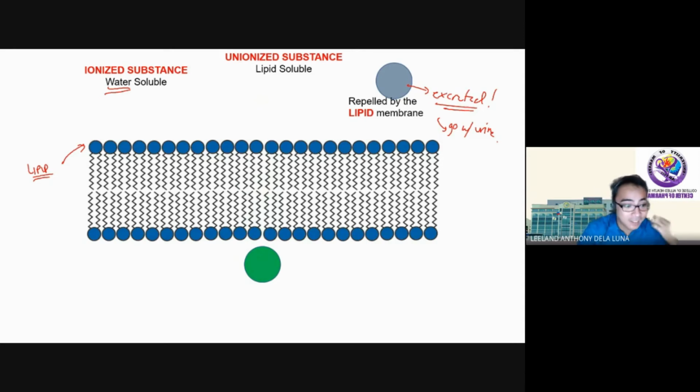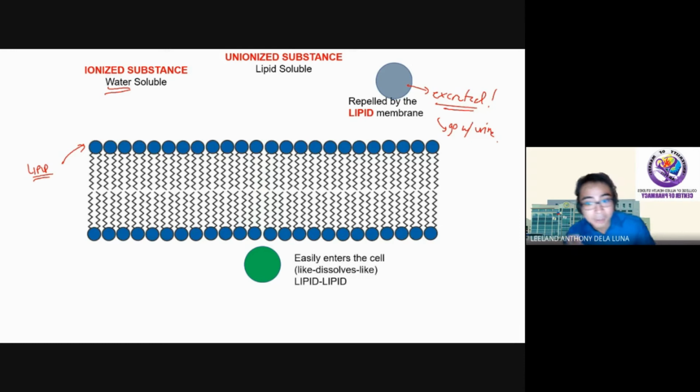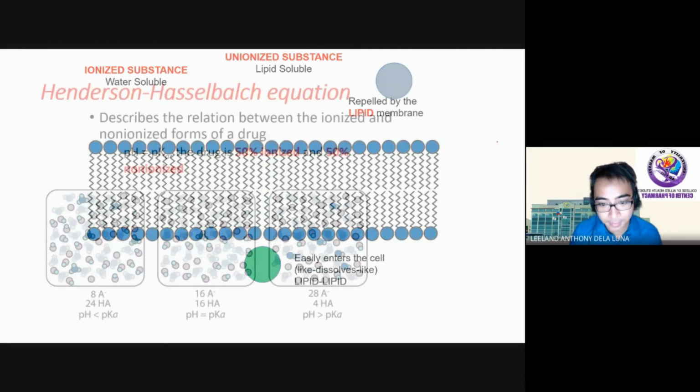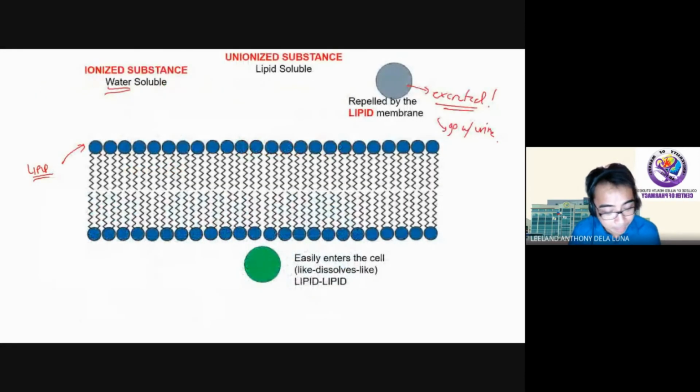At pag tumagos yan, pwede siya mag-bind sa receptors within the cell to create a response. So therefore, class, we say that unionized substances can easily enter the lipid membrane. Okay? It easily enter the lipid membrane, and therefore, it's generally considered to be absorbed. Does that make sense?